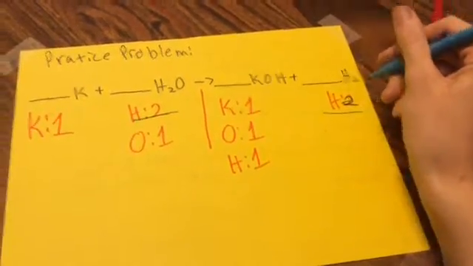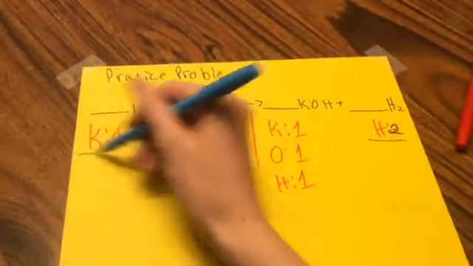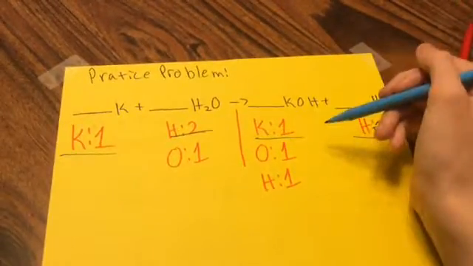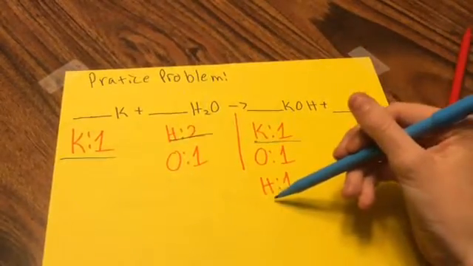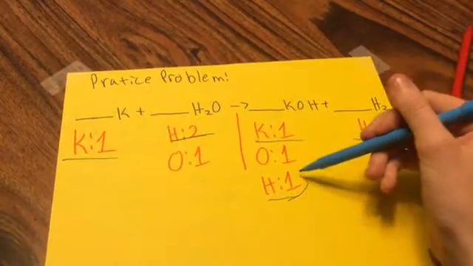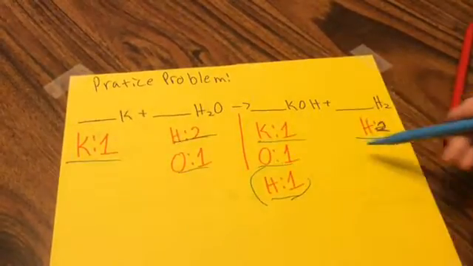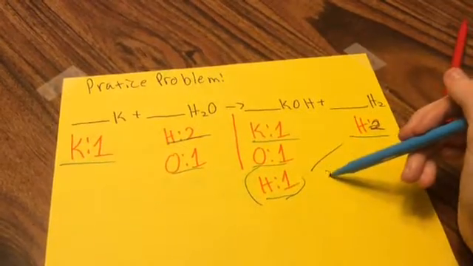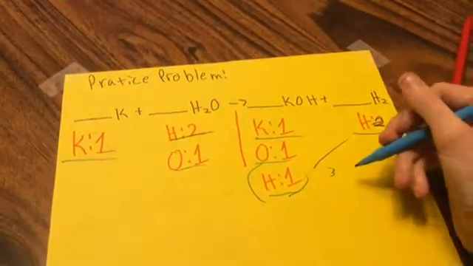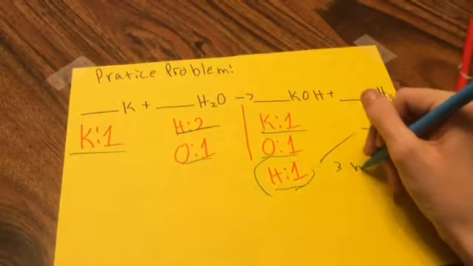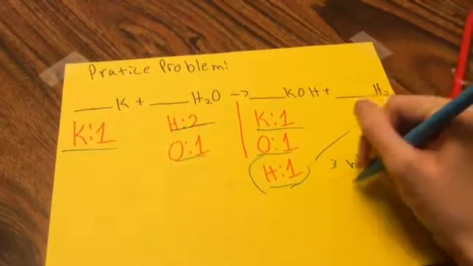Okay, so we have 1 potassium here, 1 potassium over here. Oh, we also have another hydrogen. So that means we have to balance this. We have 1 here, 1 here. So what can we do to make these balance? How do we make these balance?